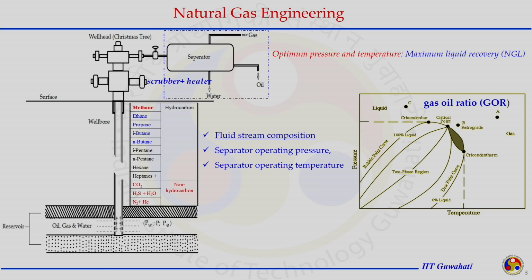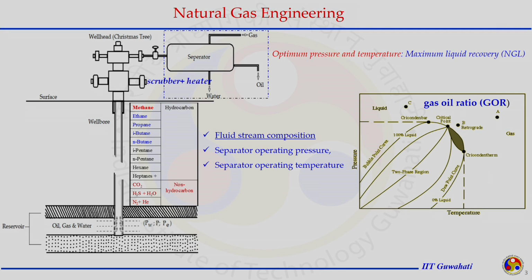The optimum pressure and temperature at the separator is very important. For example, the fluid is reaching the separator. How it is going to separate gas and liquid depends on the composition of the stream reaching the separator, and the separator is being operated at a particular temperature and pressure.